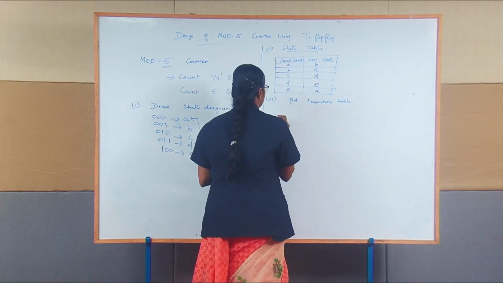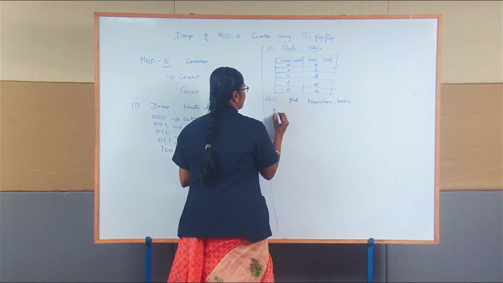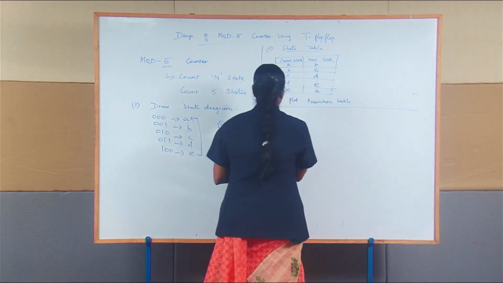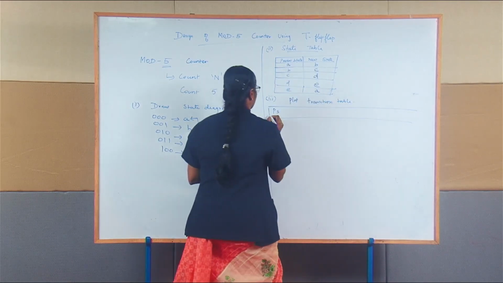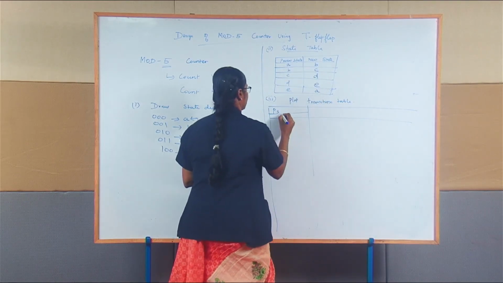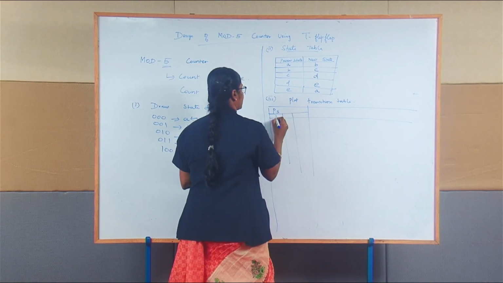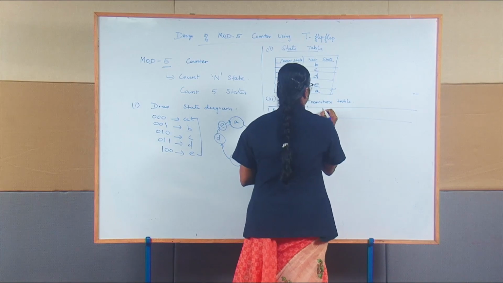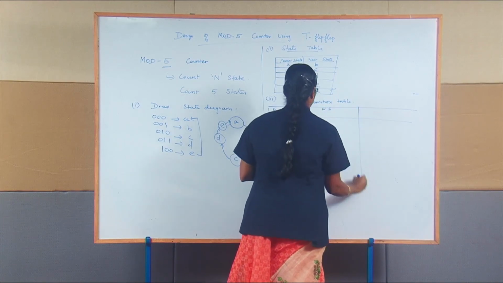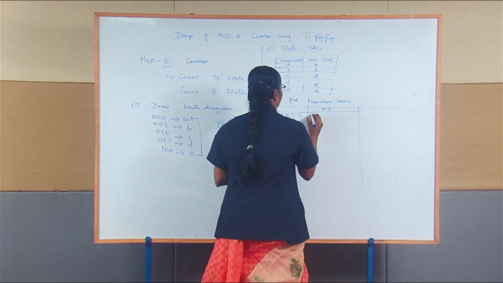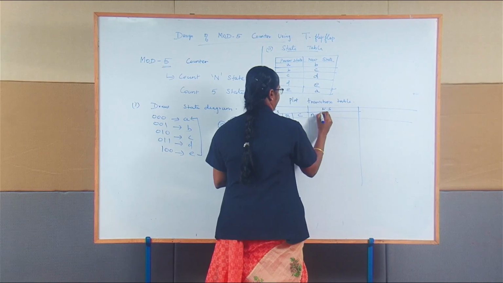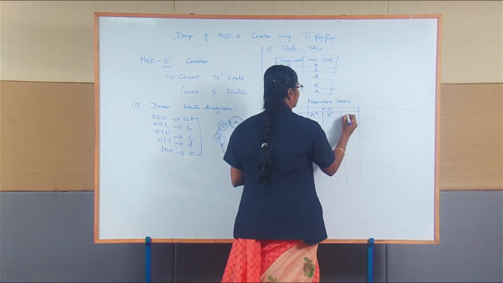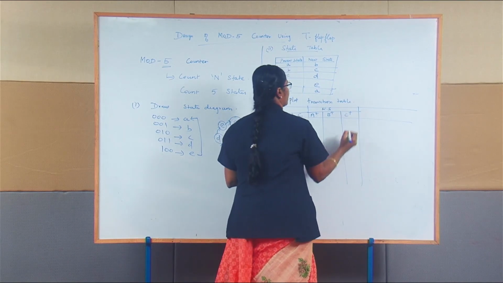So in the transition table, we have the present state. Here we have 3 bits, so I've taken them as A, B, C. Then the next state, which I have given as A plus, B plus and C plus.